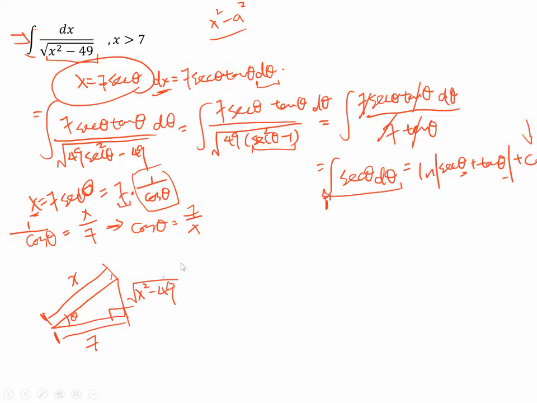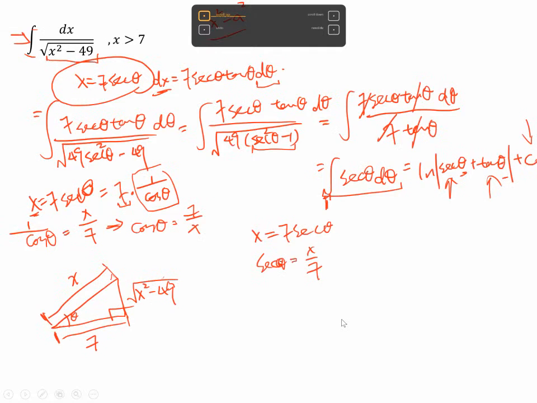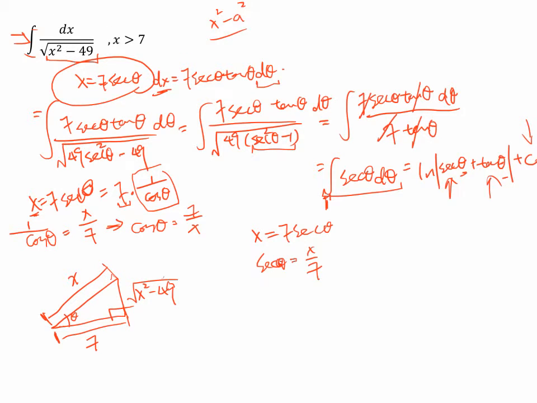What I need here is secant theta and tangent theta. I already know secant theta, I can solve it from here: x equals 7 secant theta, so secant theta is simply x over 7, solved from the beginning relationship.